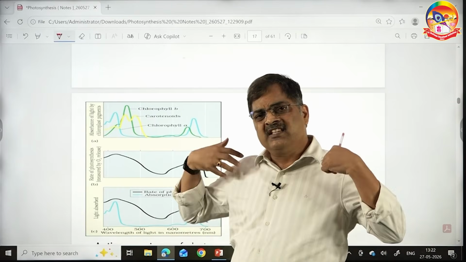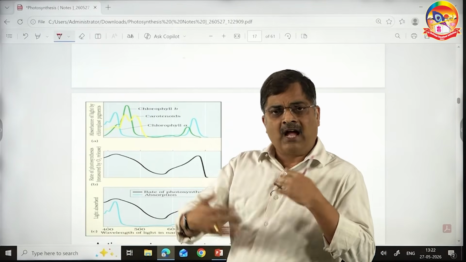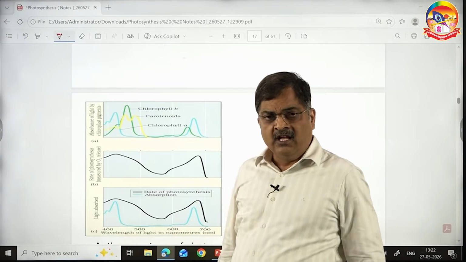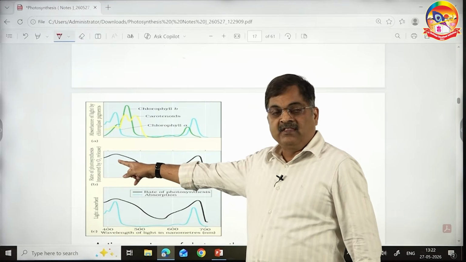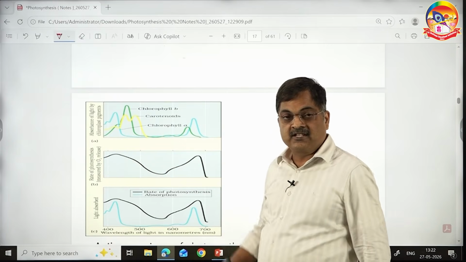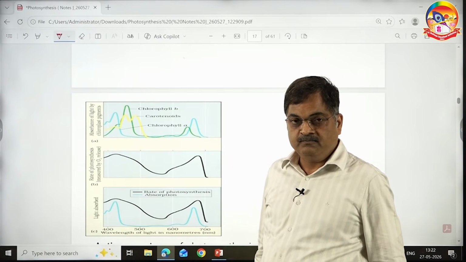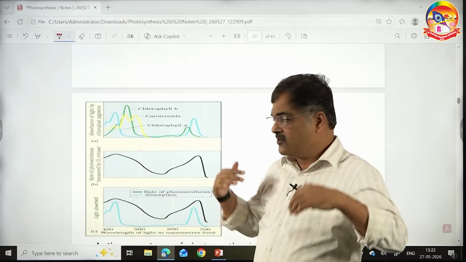What is the product which is liberated into the atmosphere? Oxygen. So by looking at how much amount of oxygen is liberated, one can easily tell the rate of photosynthesis. And look here, it's very clear that in blue light and red light, the rate of photosynthesis is more. We already discussed that. All right, action spectrum peaks are there in blue and red.